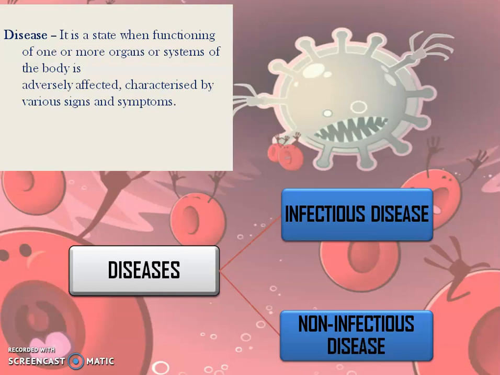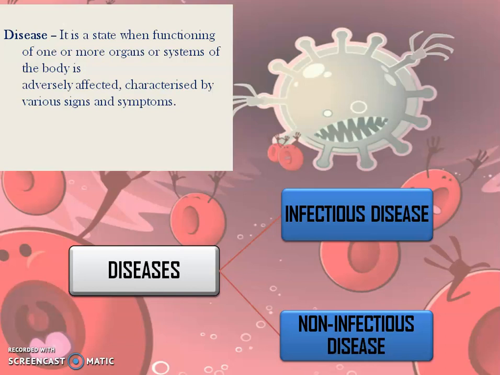Now, diseases can be divided broadly into two types. The first one is termed infectious diseases. The second one is termed non-infectious diseases. Infectious diseases are those diseases which are easily transmitted from one organism to the other, either with the help of vectors or carriers, or through a medium of transmission such as air, water, or other things like this.